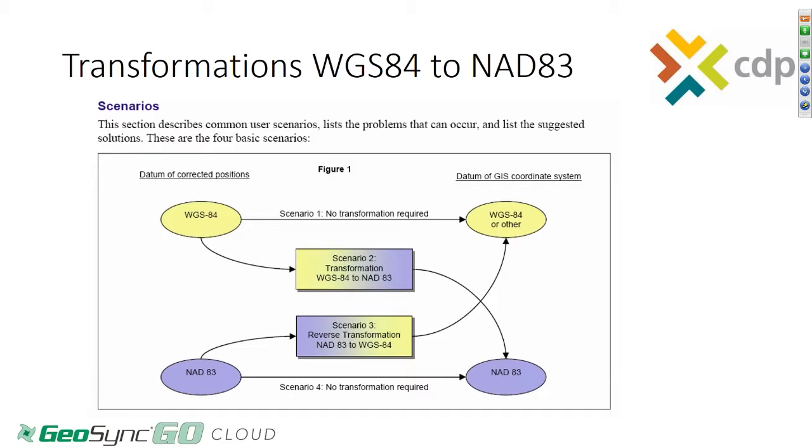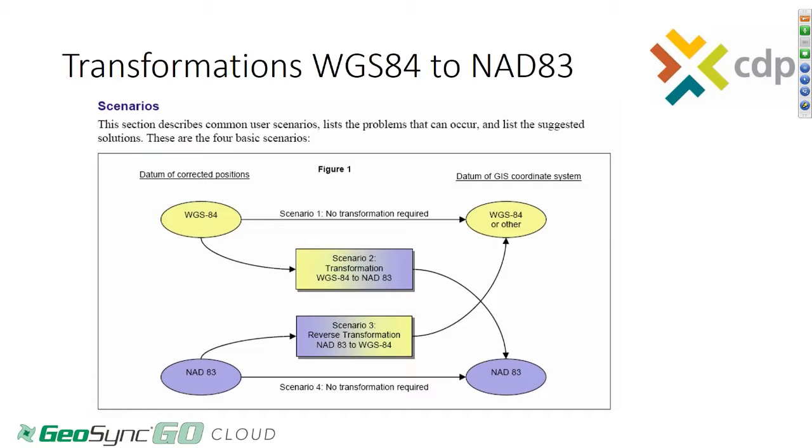So here are some scenarios that we would be dealing with. If our output coordinates, after they're corrected, are in WGS84, and our deliverable is in WGS84, then we don't need to transform anything. We're good to go.